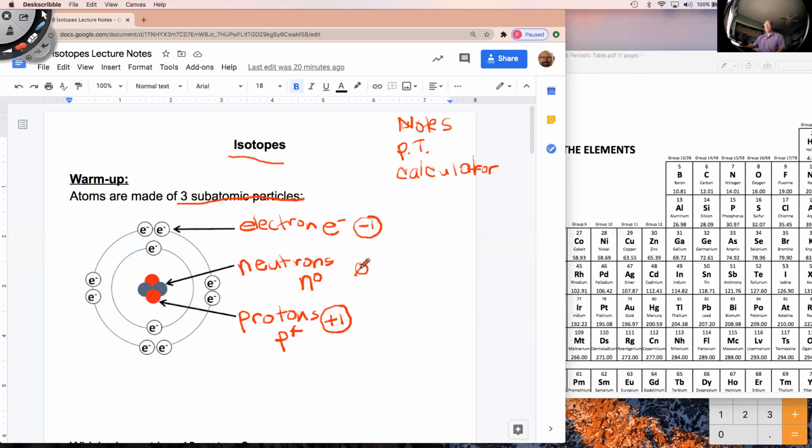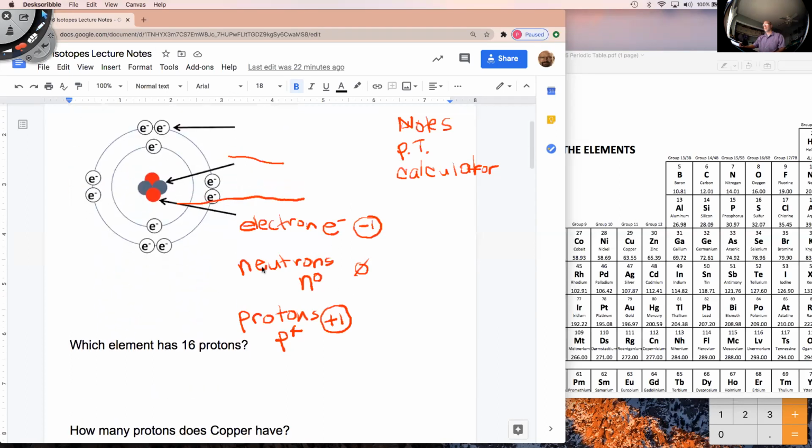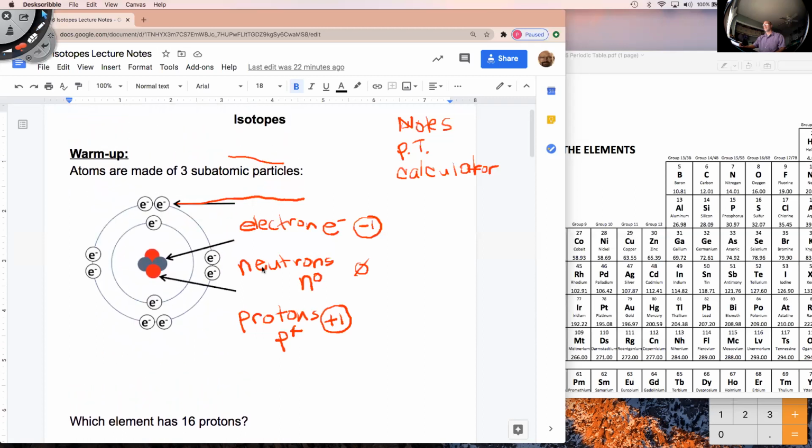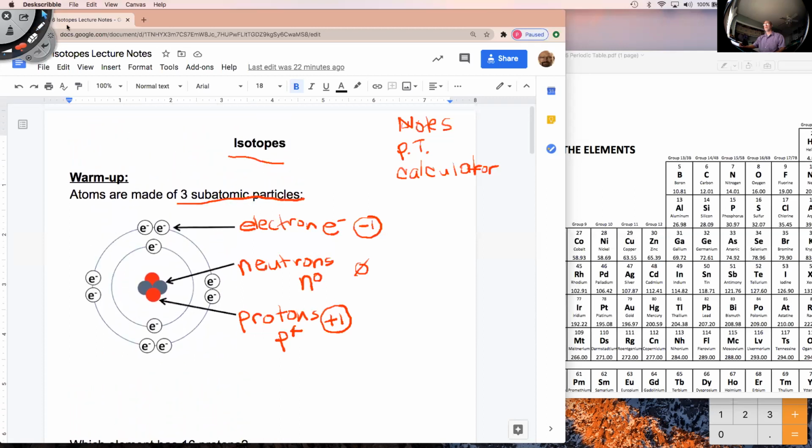Something else that we talked about last class was that the number of protons equaled what the element was.